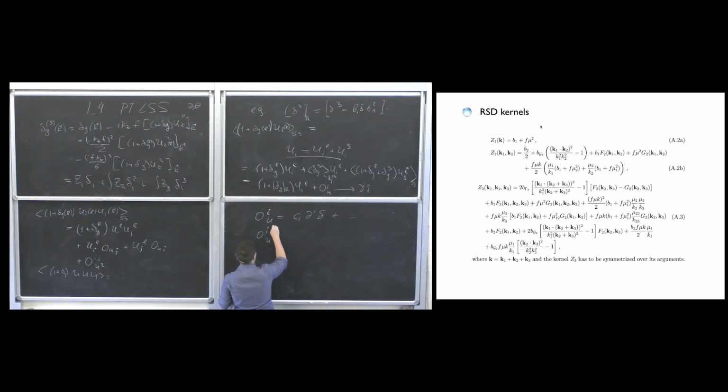Again, this operator needs to be a scalar under Galilean transformations. So it cannot depend on the velocity field. It can only depend on the gradients of the velocity field, but at lowest order, the gradient of the velocity field is a density field. So we're only going to have the density fields here and the tidal fields.